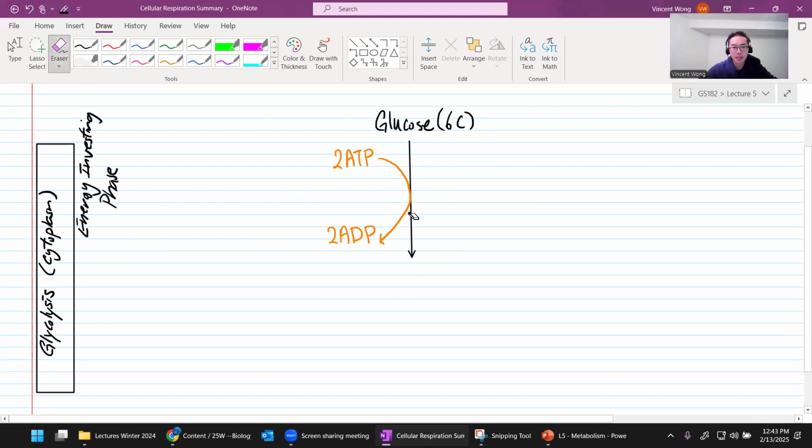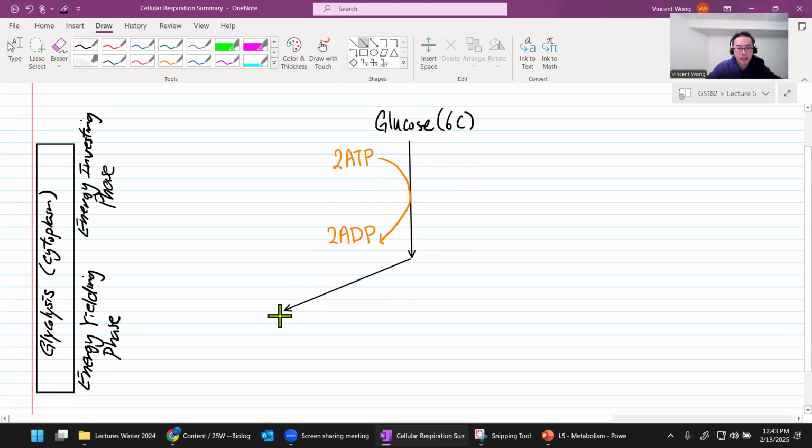And there are actually 5 steps in between, right? Which we are not going to look at. If you're really interested, if you're dying to know, you can Google it yourself. And then the next 5 steps would be the energy yielding phase.